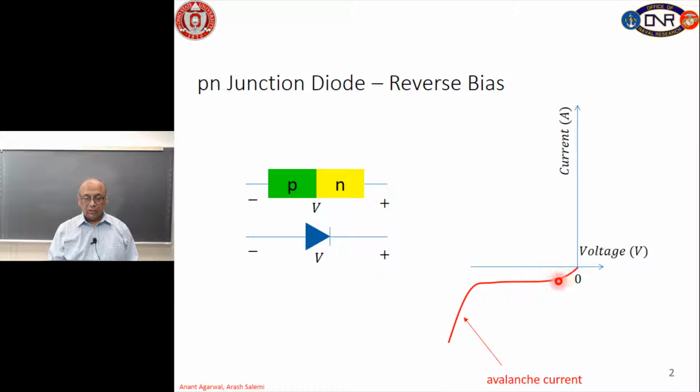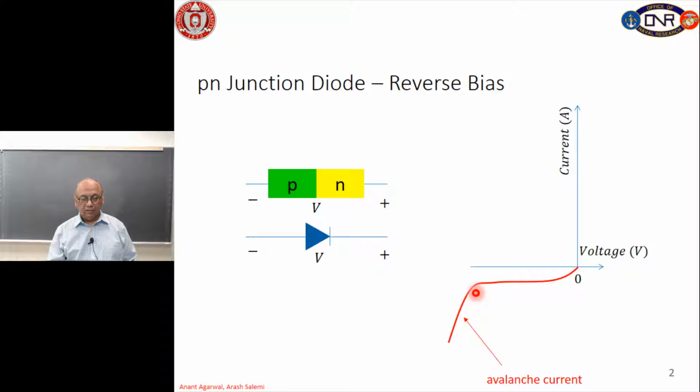So, as we increase the reverse bias, the space charge region increases, and then the thermal generation of electron hole pair currents, which depends on the lifetime, and ni, increases because the volume of the depletion region is increasing, and the electric field is increasing also at the boundary of the p-n junction.